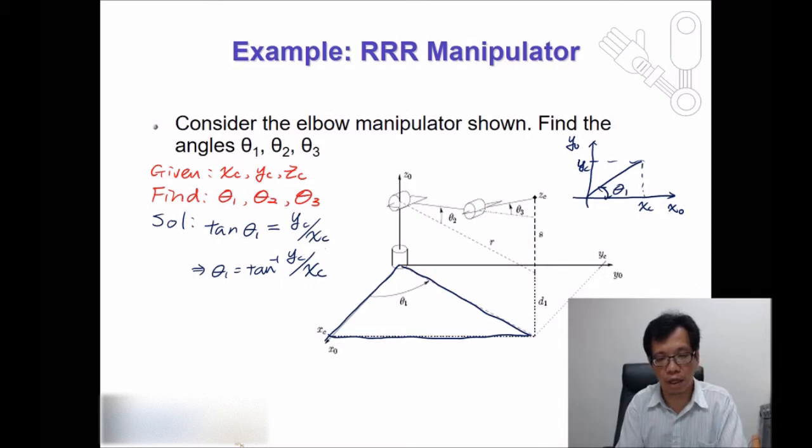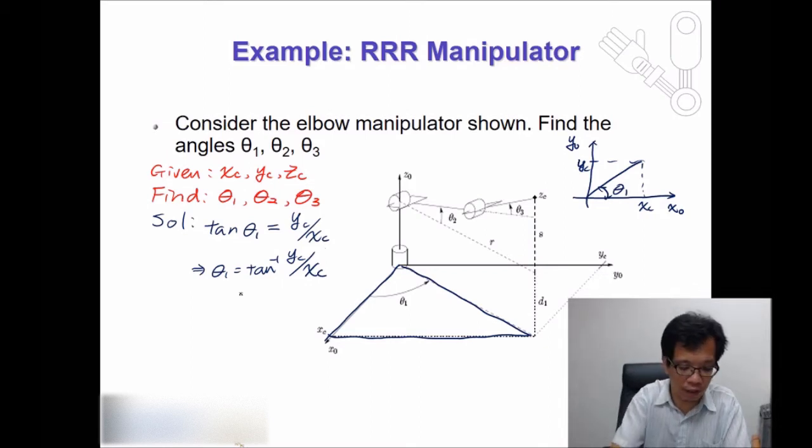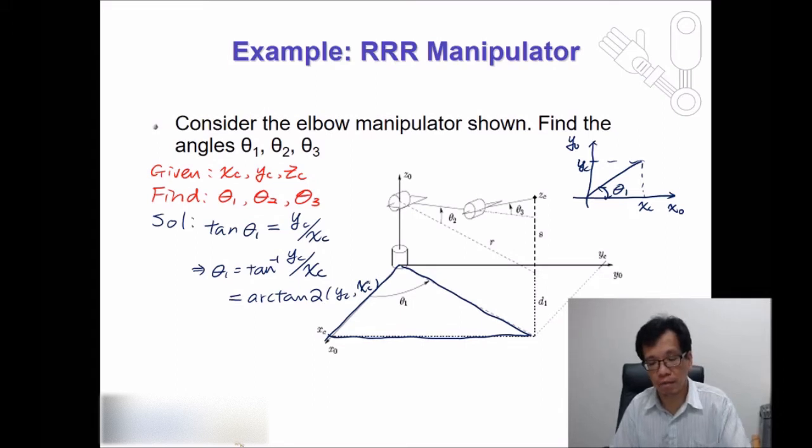When you are doing this kind of calculation, you're going to find in your textbook it's going to be arctangent 2 of yc and xc. Both of them are fine, because one is the mathematical representation, the other is using a MATLAB function or other computer program to help us determine the angle of xc and yc.